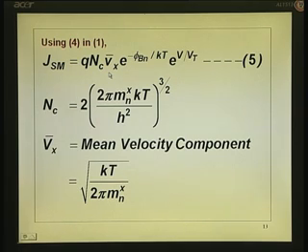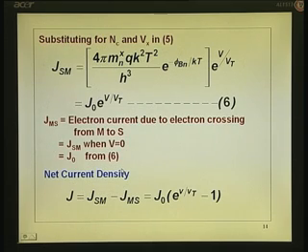Root kT by 2 pi mn star is the mean velocity component. Substitute that, and put all together: 4 pi mn star q k square T square by h cube e to the power of minus phi Bn by kT e to the power V by VT.